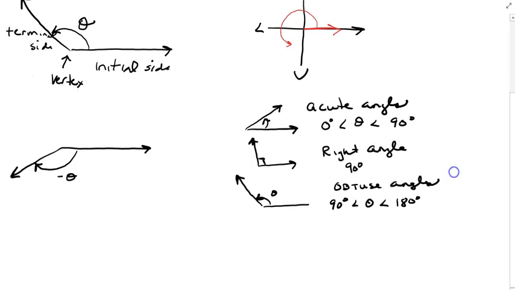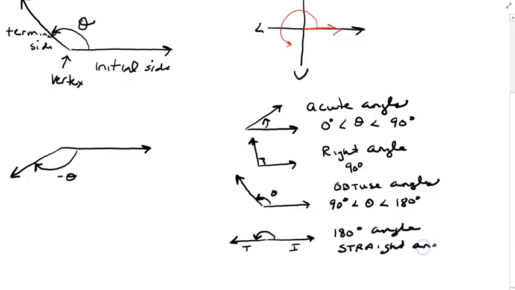So, what does an angle that is 180 degrees look like? Well, as you probably recall, it is a straight line. Here's our initial side, and here's our terminal side. It is at a 180-degree angle, and it is also called a straight angle.